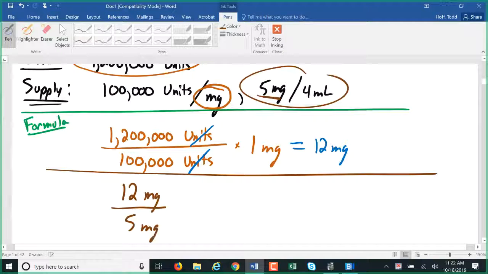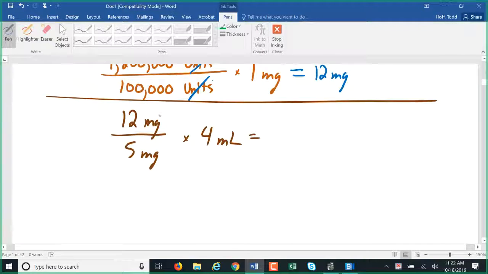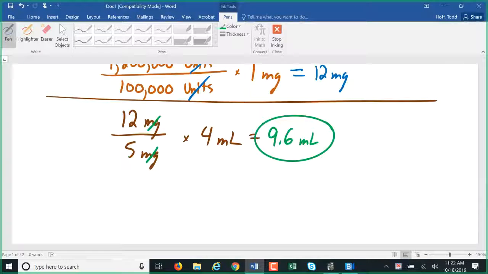That must be the 5 milligrams. The vehicle that goes with that 5 milligrams is the 4 milliliters. Now the milligrams cancel out. 12 divided by 5 times 4 milliliters is 9.6 milliliters. So that's what has to be administered to the patient.